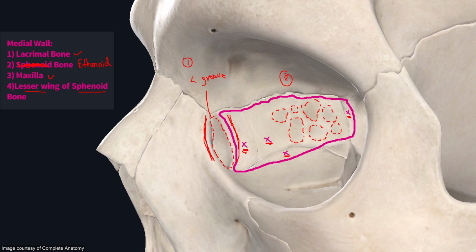So these are the ethmoid air cells. You can see them. So in here, because of the air cells behind, the bone is not thick. So in here, unfortunately, the bones are thin. And this is important clinically, as we will discuss later in this video.